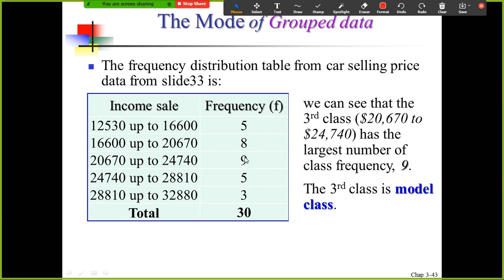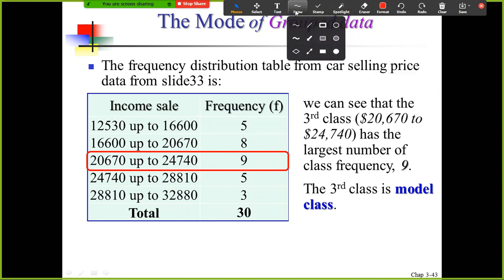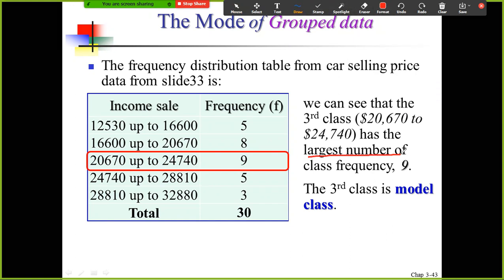That's why I can see 9 is the largest frequency. That's why the third class is the modal class, because it has the most frequency. So among the frequency of every class, 9 is the largest. That's why the third class is the modal class.